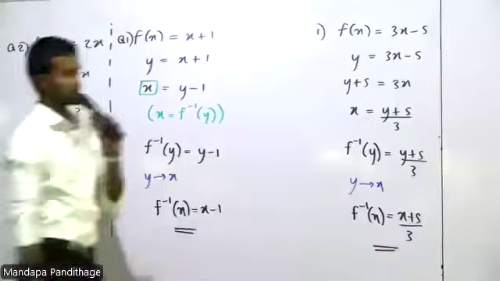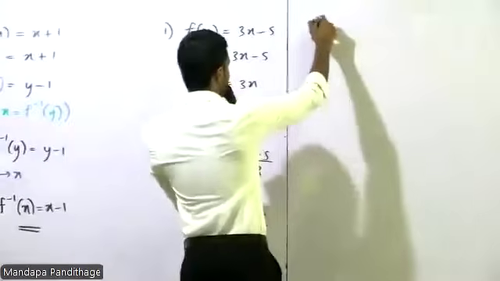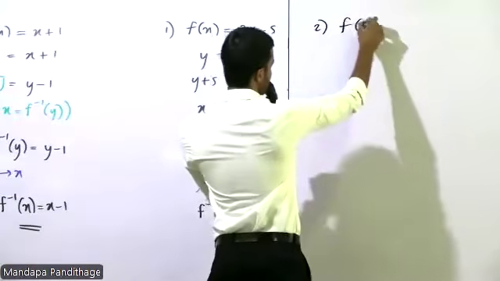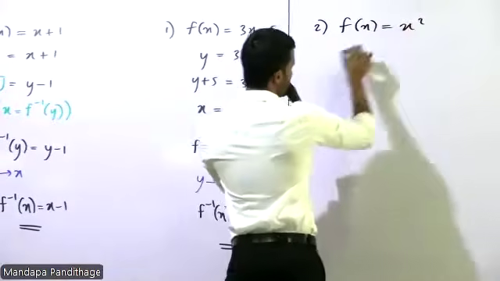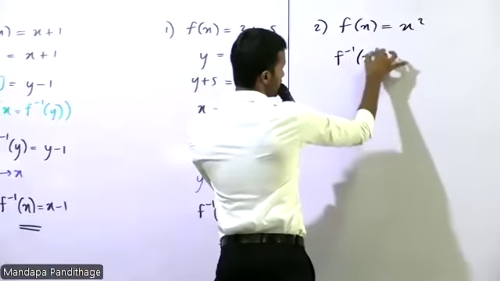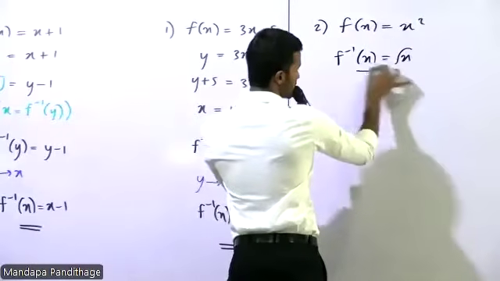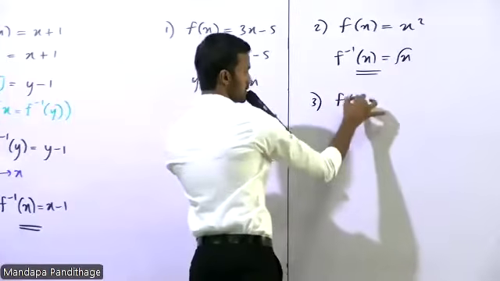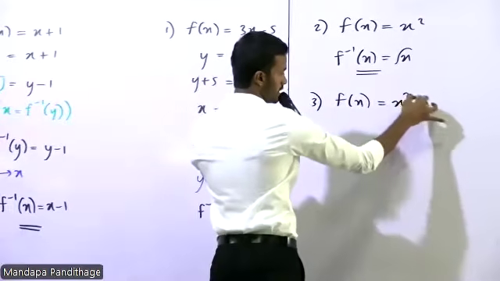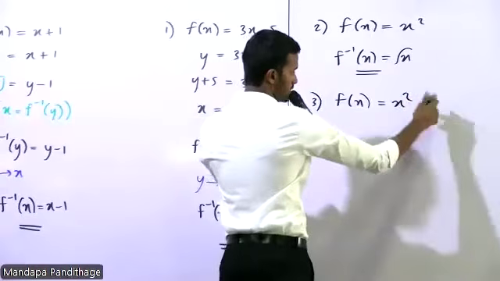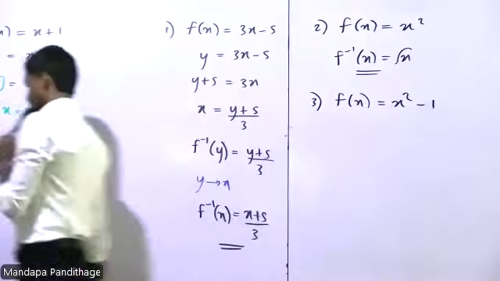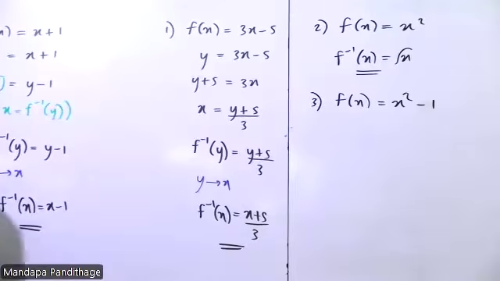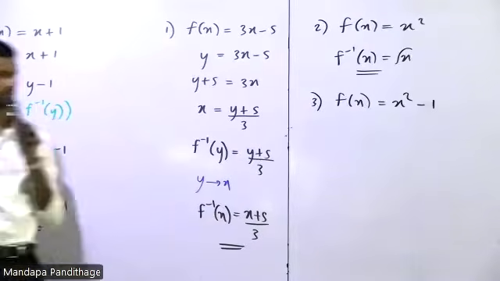So the next one, question number 2, I'll just directly write the answer. f(x) is equal to x squared, the inverse will become root x. So it's the opposite of this one. You can do it alone. Even this one, f(x) is x squared minus 1. First you have to subject x.